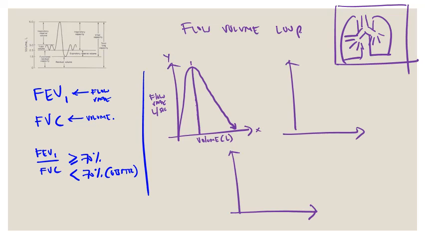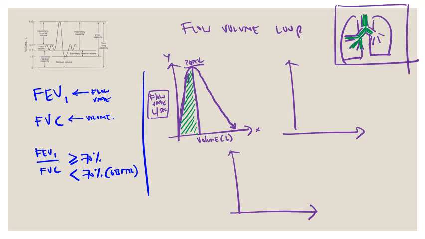So with somebody with normal lungs, the initial portion of the flow volume loop is actually going to be positive. It's going to be aggressively steep, which means that air is able to be evacuated very quickly from the lungs. And then eventually it's going to hit this peak point right here. So this portion, which I'm highlighting in green, I'm actually going to highlight the portion in the lungs that this represents.